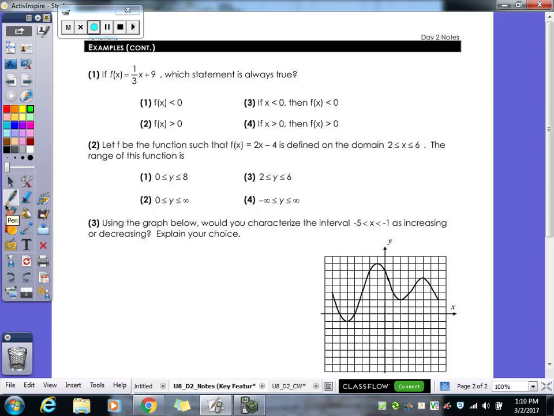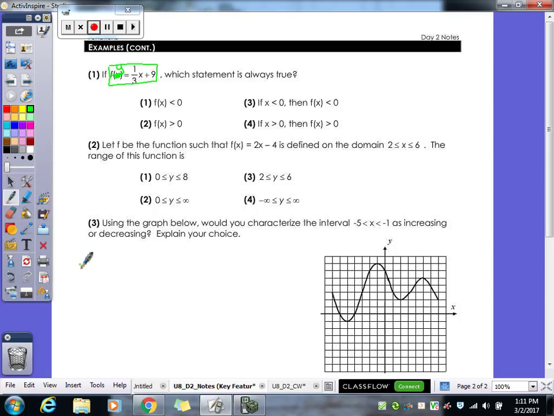So our first one there, we have f of x equals 1/3 x plus 9. They're looking for which statement is true. So what I want you to do right now in your calculator, type that into your y equals so we can actually look at the picture of the graph. You can use that one. 1/3 x plus 9.